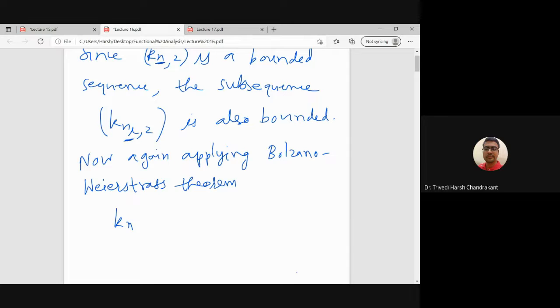So this is a bounded sequence, and we get a subsequence K_{n_m}^2 which is convergent.